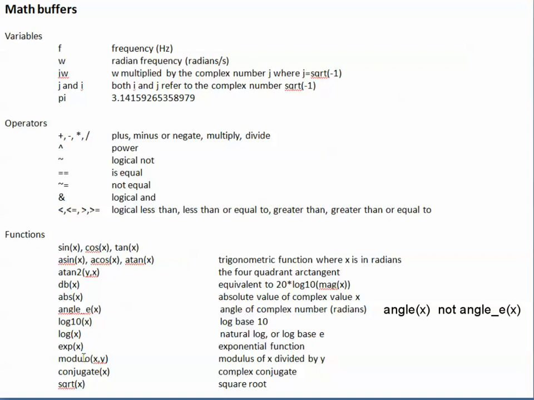And then you have these functions here. This is the dB function that I use to compute SPL. If there are any other operators or functions that you're interested in, please contact us and we'll be happy to add them to make this feature more useful.